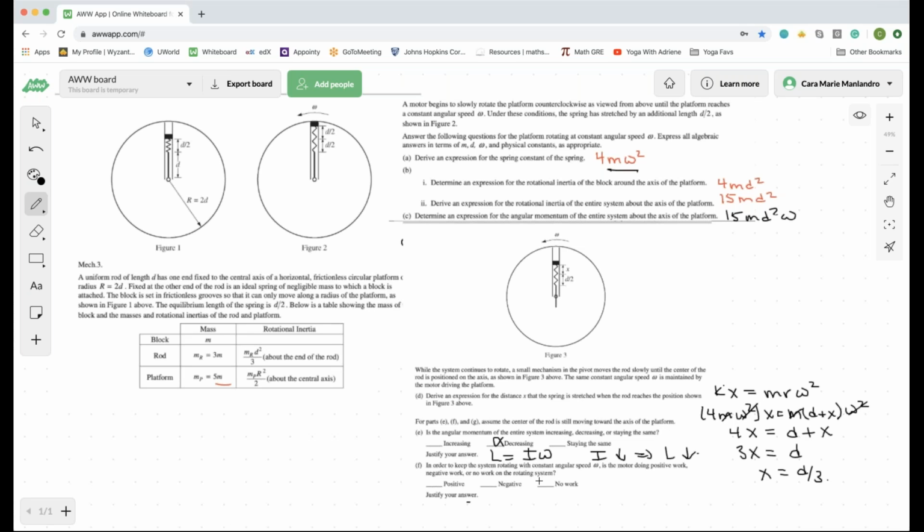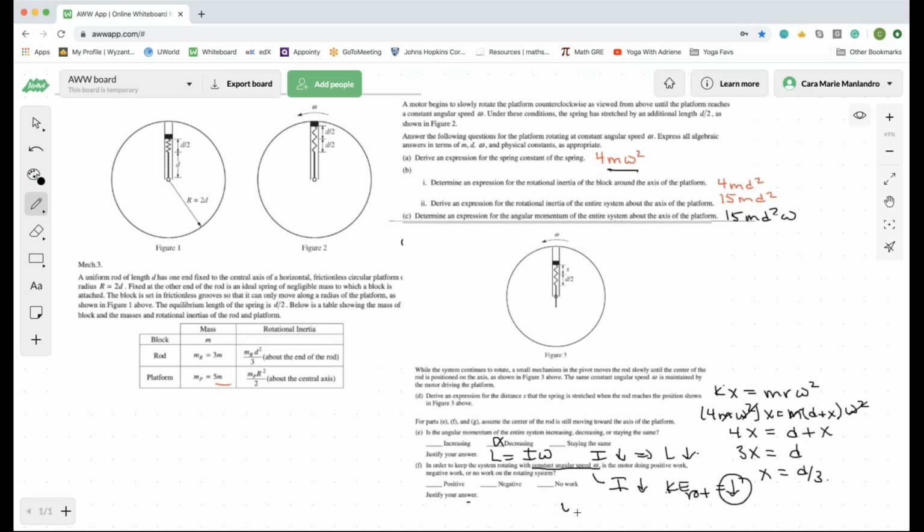Okay, in order to keep the system rotating at a constant angular speed, is the motor doing positive work, negative work, or no work? Here your angular speed is constant. Therefore, your rotational inertia decreases, and therefore your kinetic energy of rotation is decreasing.